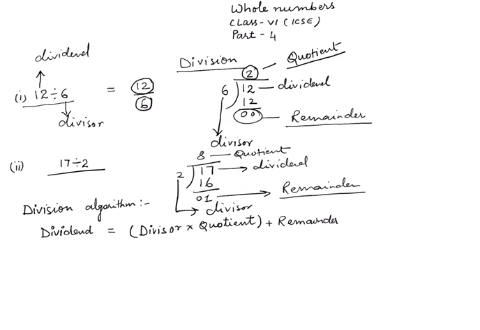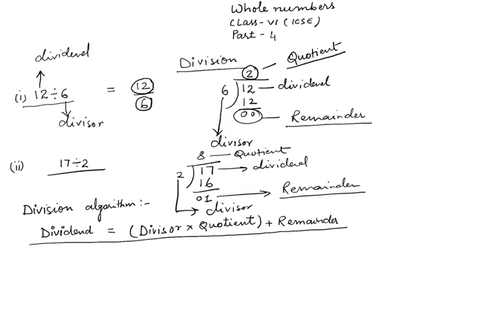These components form the division algorithm, and the division algorithm says that dividend equals divisor multiplied by quotient plus remainder.